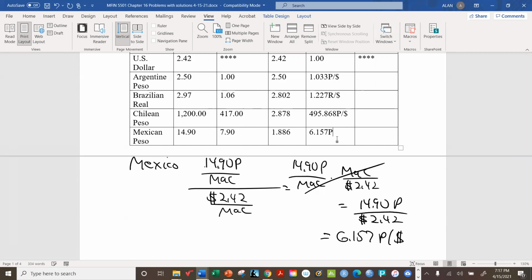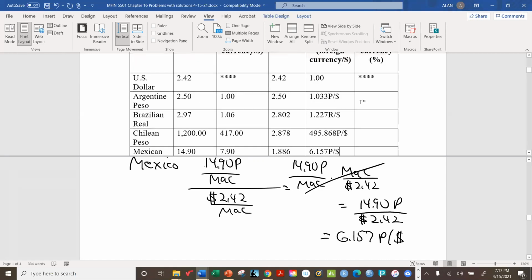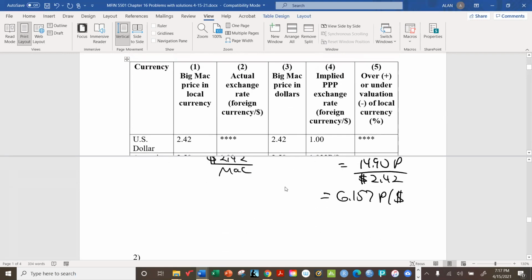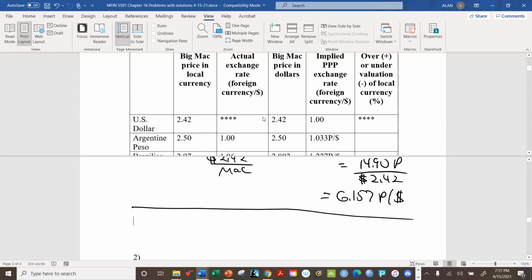All right, now, in this last column, we're trying to figure out whether each of these currencies is over or undervalued compared to PPP. So now this is where it gets interesting. Let's start with the peso, Argentina, that is.